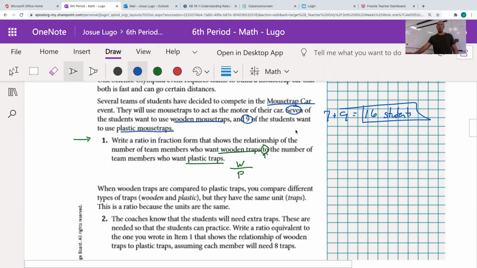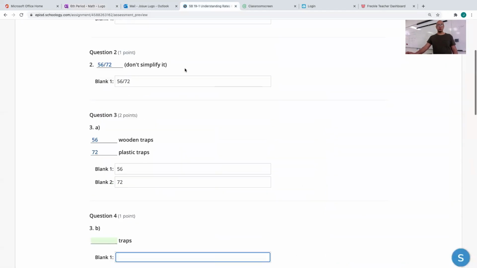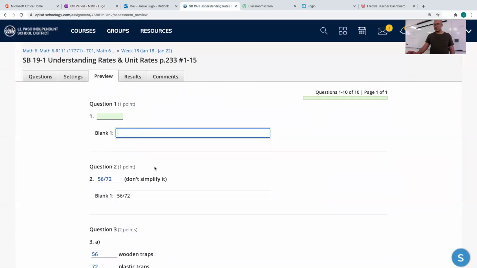And we know that those using wooden are 7, those using plastic would be 9. So my ratio would be 7 over 9, or 7 to 9. And in fact, if you go to Schoology and you go to number 1, notice that the way that you would type that would be 7 /9, please do not use backslash, 7 /9.